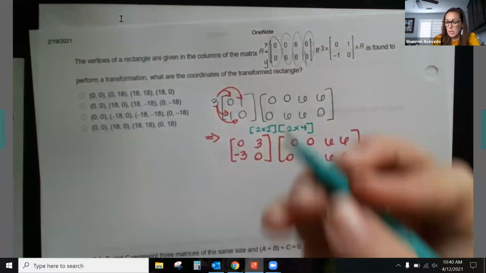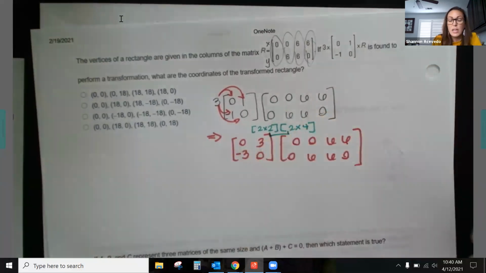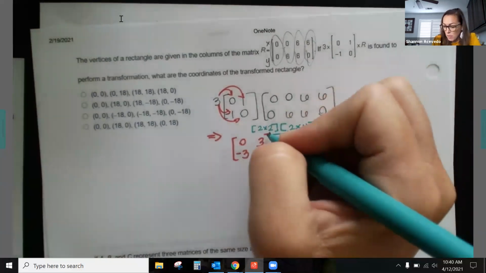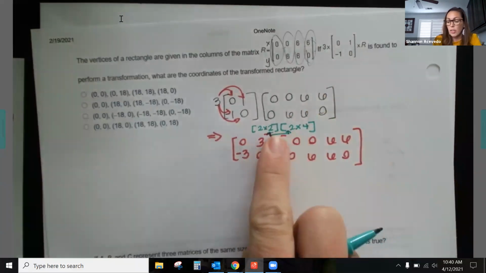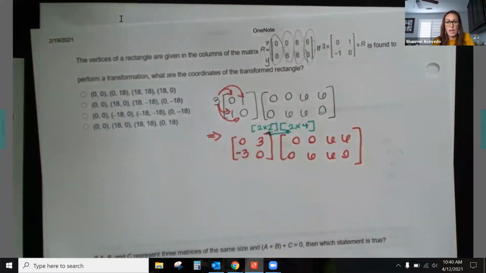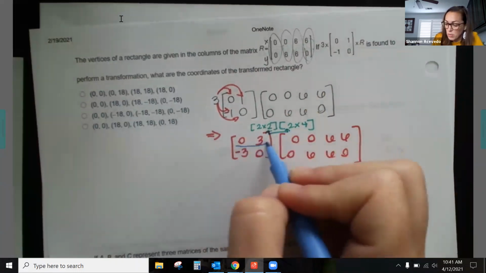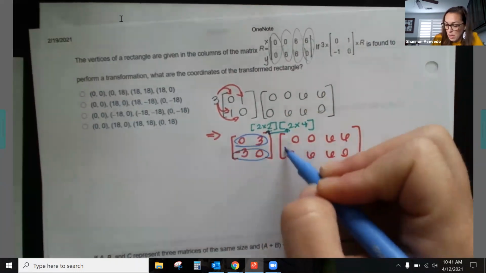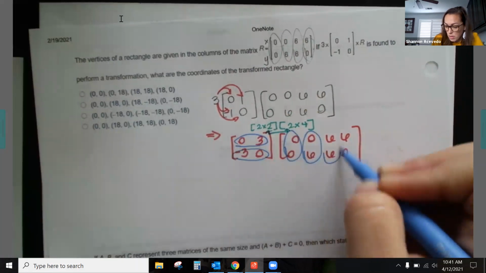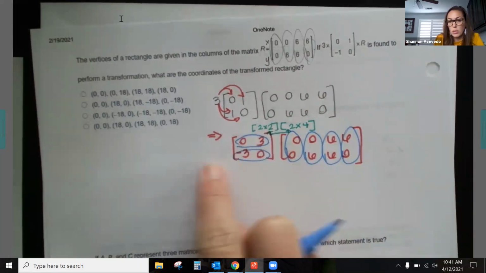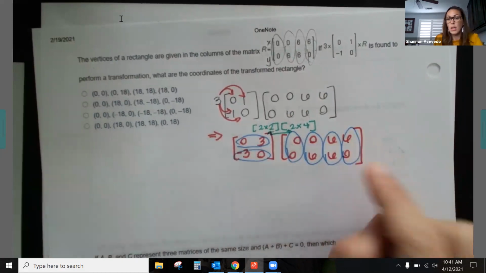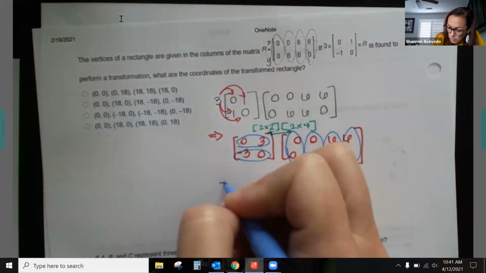So I can multiply them as long as these inner dimensions are the same. They have to be the same. And they are. They're both a value of 2, which means I can go ahead and multiply. So when I multiply these, it's rows by columns. Rows by columns.